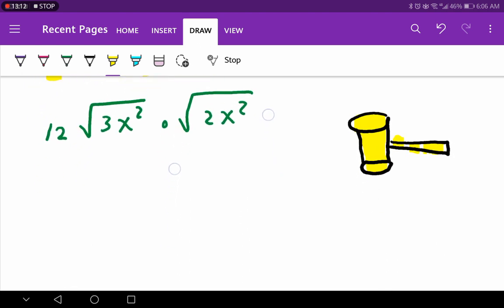Now, actually I will not need the hammer, because here I have 3 and 2 and these are prime numbers, so sorry my hammer. Now here, in the variable with the power x squared, I can erase it and send it out as x, and here also the same.